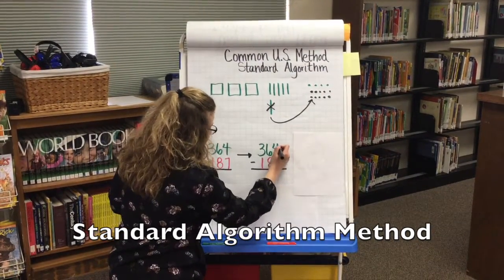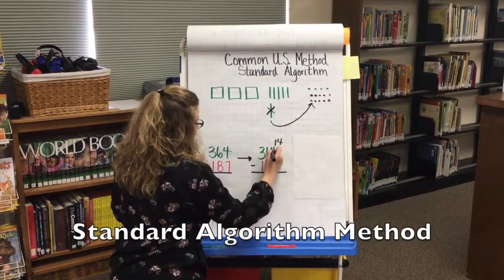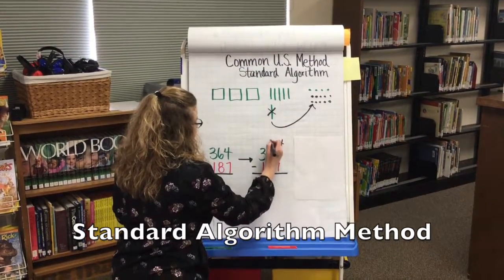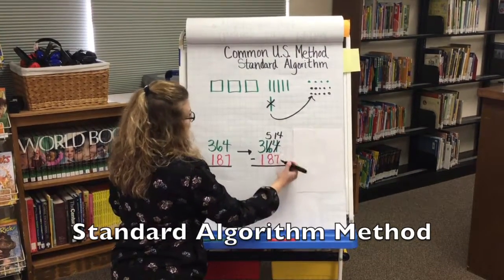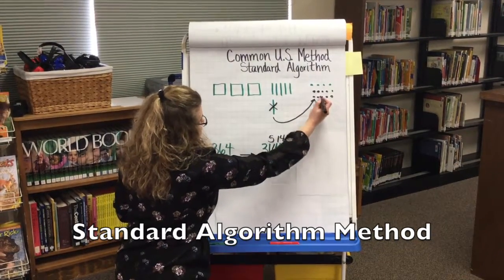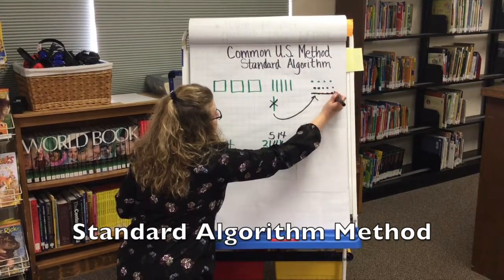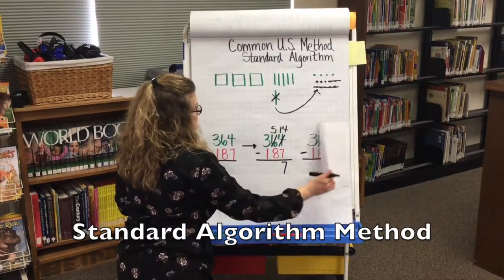I now have 14 ones and 5 tens. I can now take 7 away from my 14 ones. 7 ones.